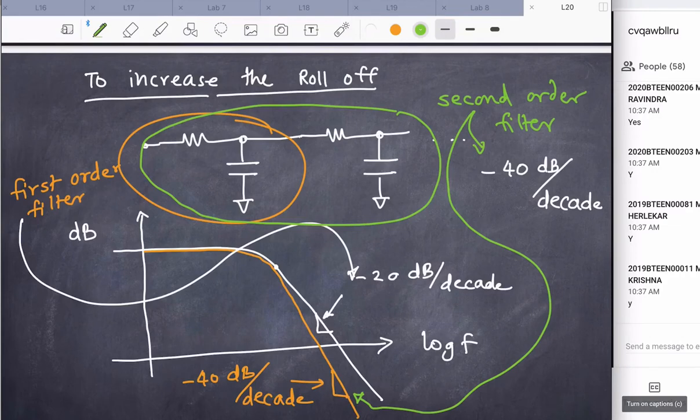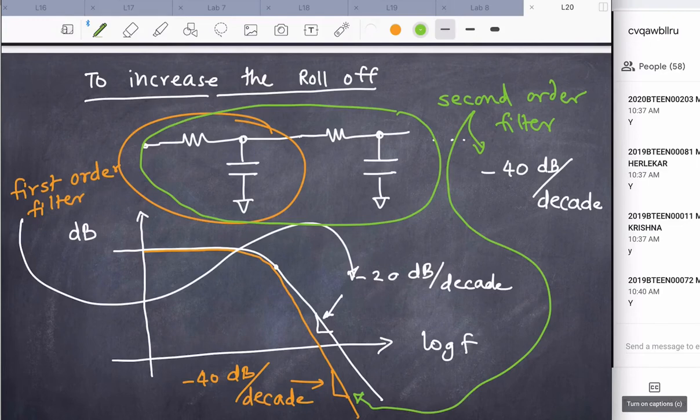Hope you are able to understand this. Yes or no? Any query? Hello?